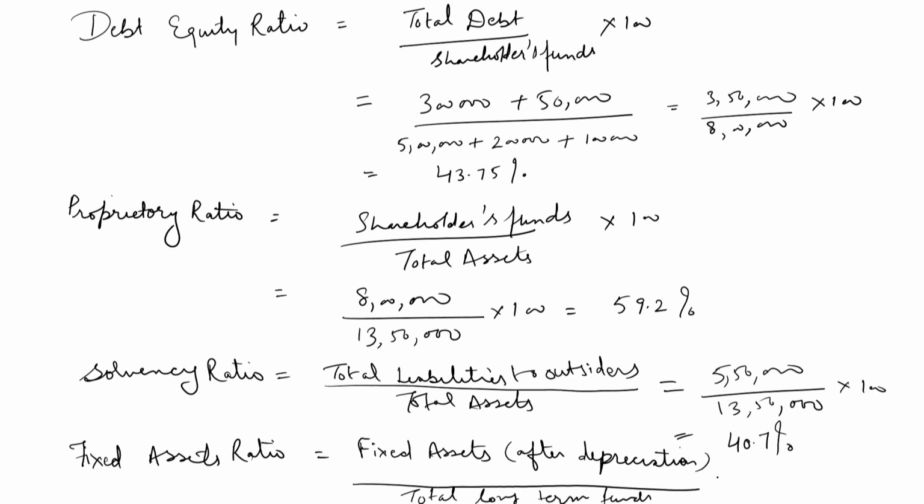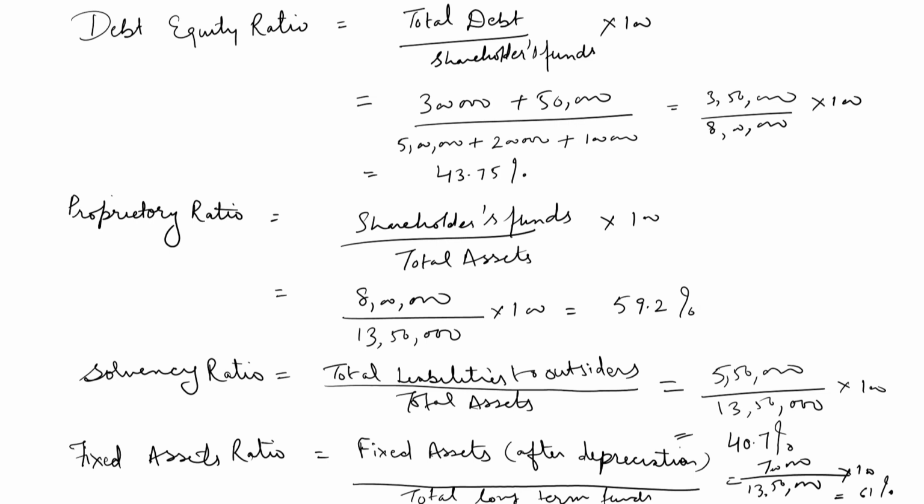So in the question, the fixed assets are given 7 lakh, and the total long term funds comes to rupees 13 lakh 50,000, and this ratio comes to 61%. Means the long term funds have been used up to the extent of 61% of the total assets of the company.